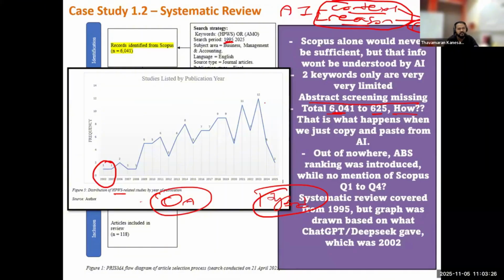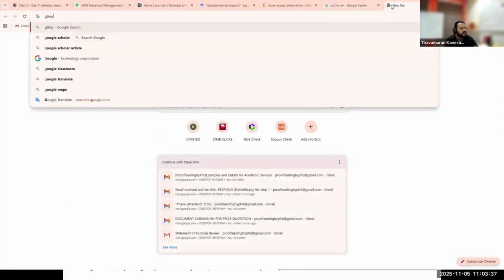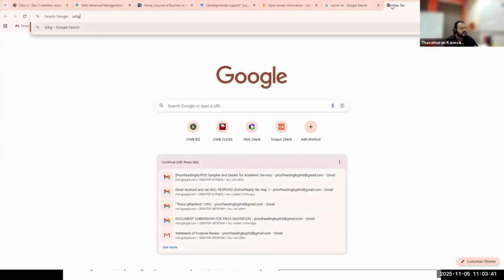If you go to HPWS, if I put in 2023 alone, and go to Google Scholar, a simple example I show you guys.